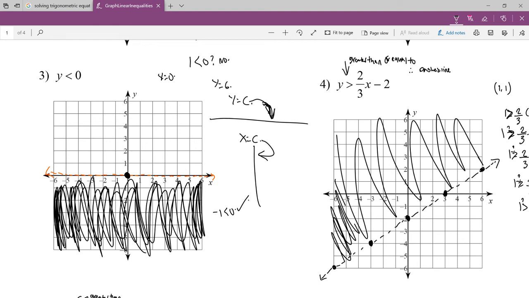After you do linear equations and inequalities, you would do systems of linear equations and inequalities. So I'll be looking at that in the next video, or probably in the next 2 videos.